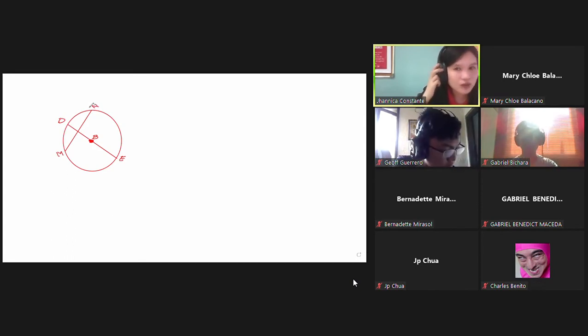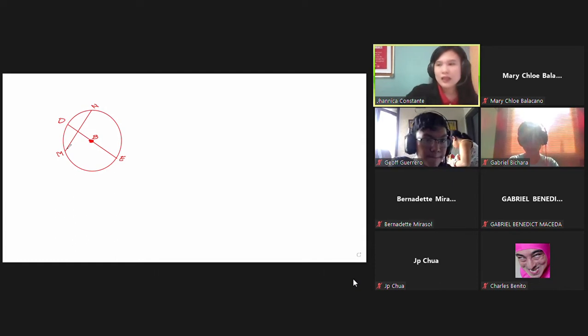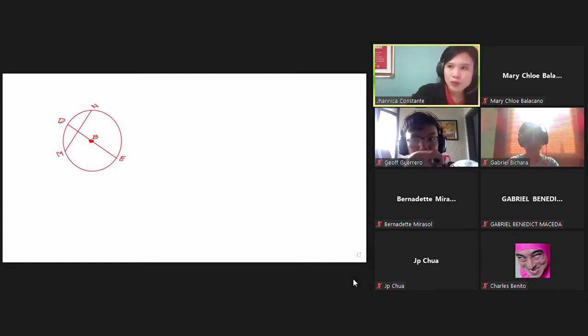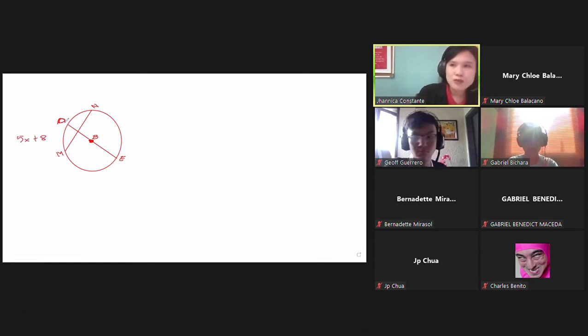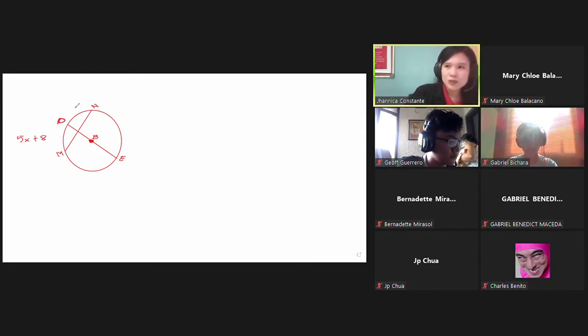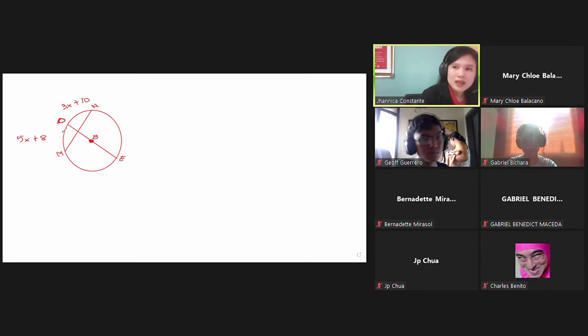Given that in our circle B, the chord is being bisected by our diameter DE, for example, we have the measurement of the chord DM, which is equal to 5x plus 8, and the chord DN, which has a measurement equal to 3x plus 10.